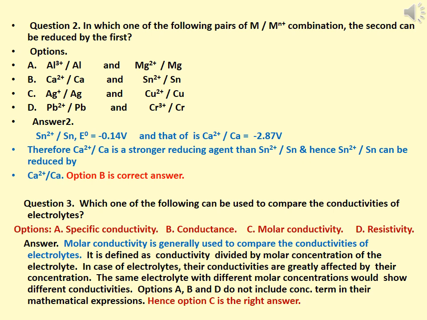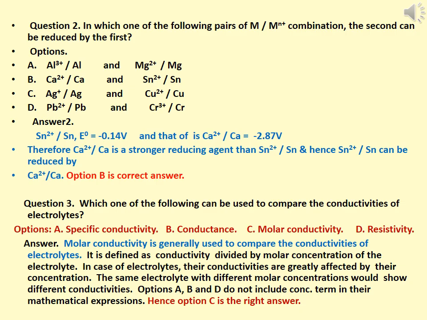That is E0 reduction potential in the standard state is minus 0.14 volt and that of Ca2 plus bar Ca is minus 2.87 volt. Therefore, if you look at these values, the standard reduction electrode potential of calcium 2 plus bar calcium is largely negative.